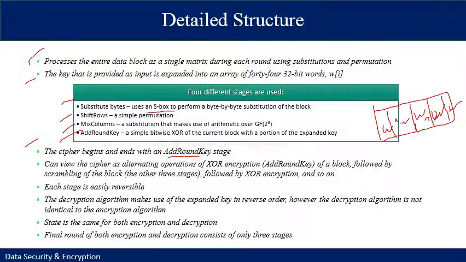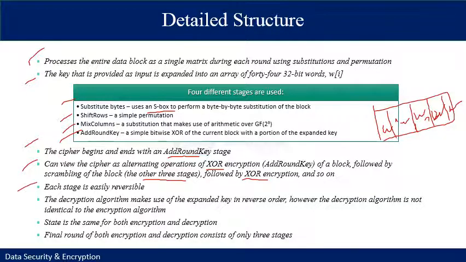It is followed by 9 rounds, each including all 4 stages, followed by the 10th round with 3 stages. So you can view the cipher as alternating operations of XOR encryption, add round key of the block, followed by the scrambling of the block by the other 3 stages, followed by the XOR encryption, and so on.